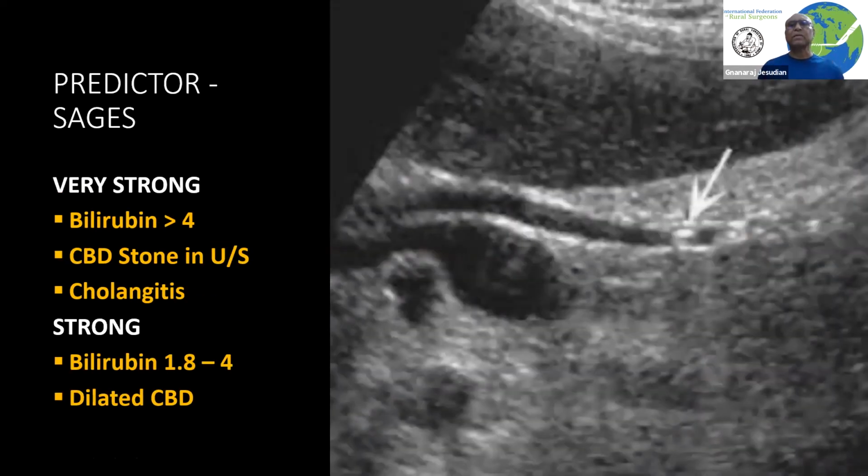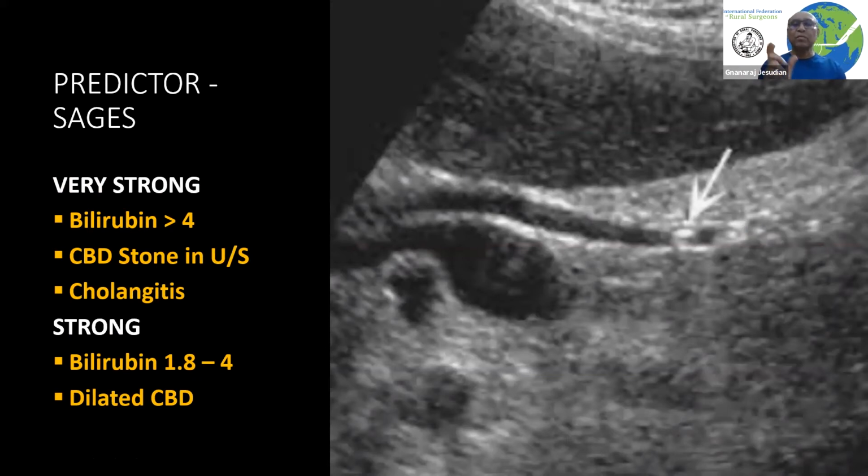Even if you don't have an ultrasound which proves that there is a stone, if bilirubin is more than 4 and there is cholangitis, then it is necessary to explore the common bile duct.